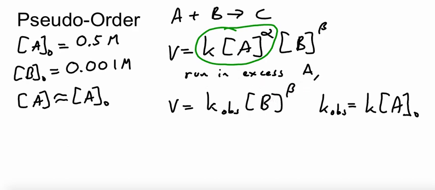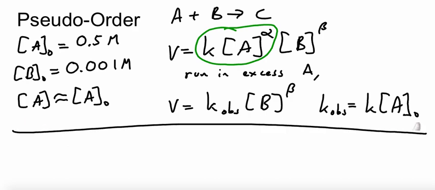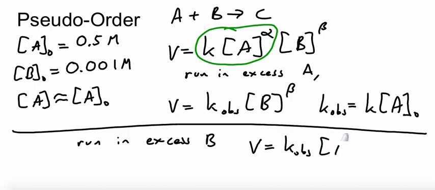Now similarly, we could do a whole different set of experiments where we run the reaction in excess B. Well, in this case, V would be equal to k observed times the concentration of A to whatever its exponent would be.